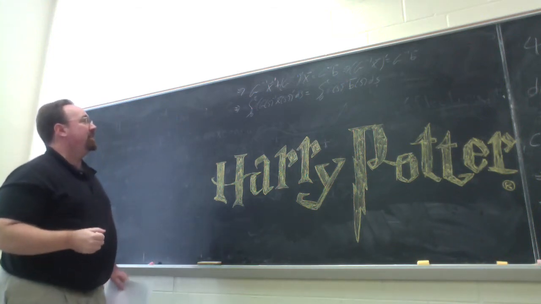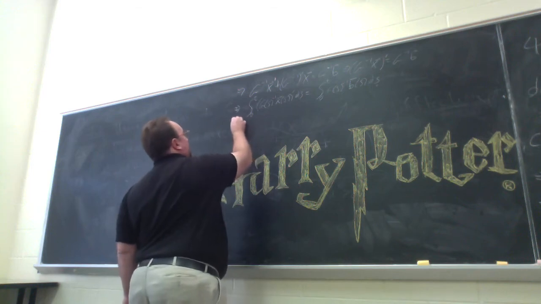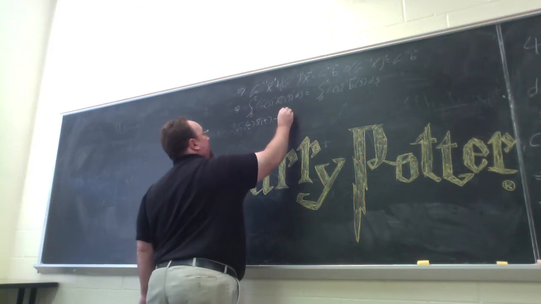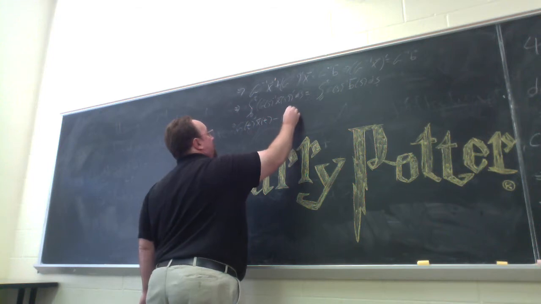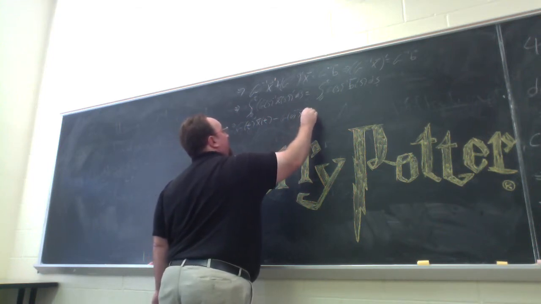Now on the left side, the integral cancels the derivative. So I have g of t inverse x of t, which is what I'm after in my solution, minus g of 0 inverse x of 0.